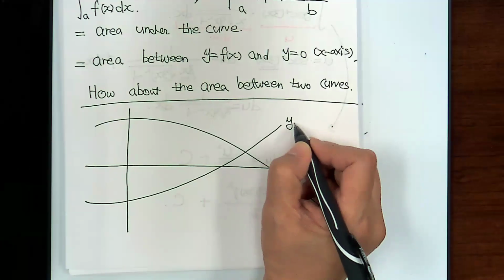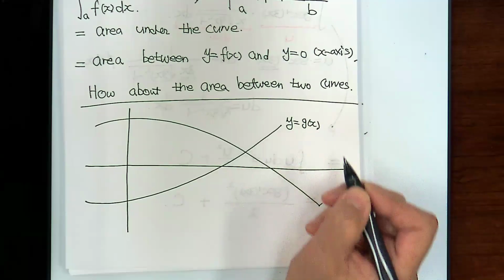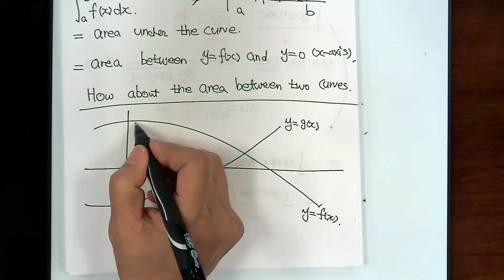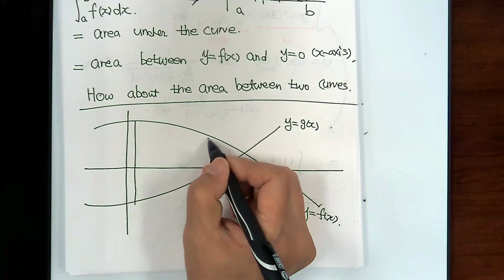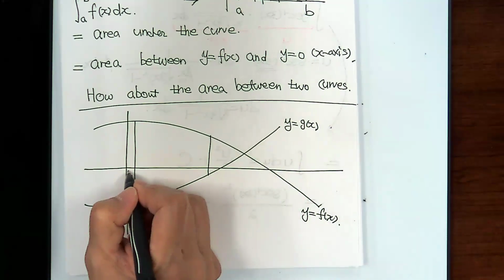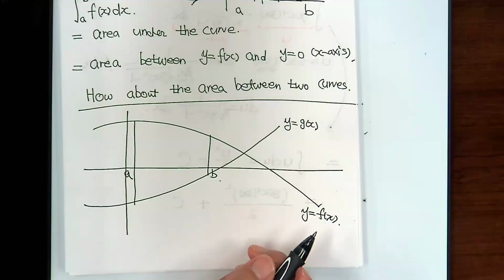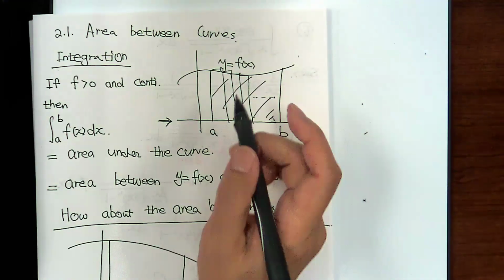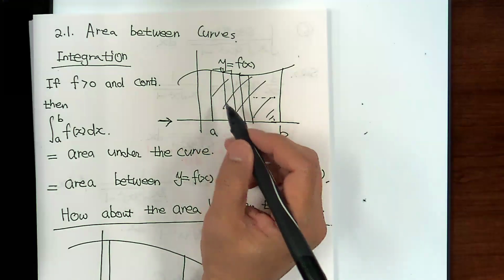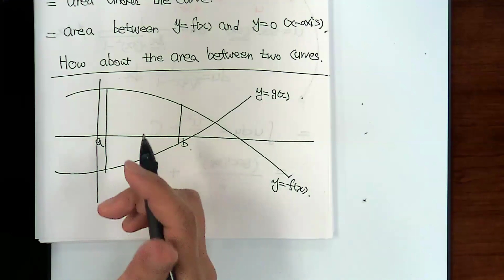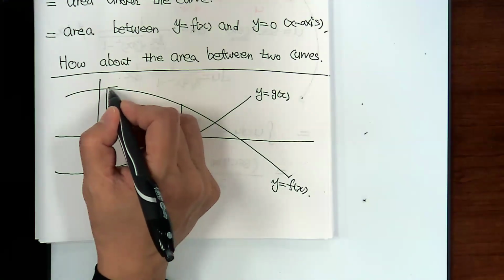Let's say this one is y equals g of x, and this one is y equals f of x. And we want to think about the area between two curves on the interval a to b. Instead of drawing the rectangle by using the x-axis, we will draw the rectangle by using these two functions.